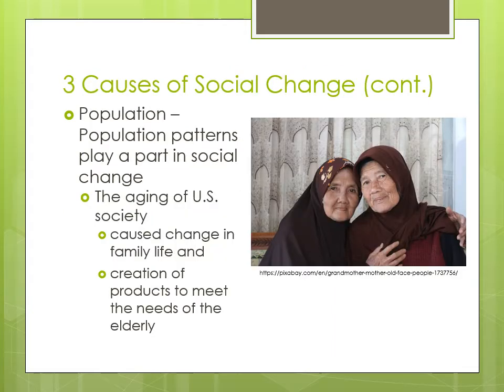Another cause for social change is the changes in pattern of populations. In the United States, we were historically a very young or youth-oriented society, but now as people are getting older and are living longer, we are seeing what's called the aging of the US society. And this has caused a change and consequences for people.